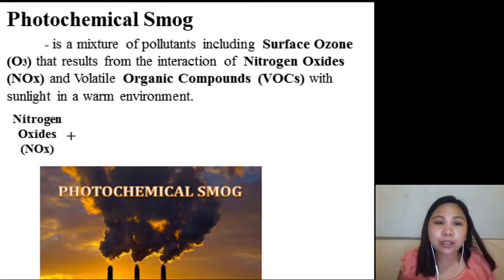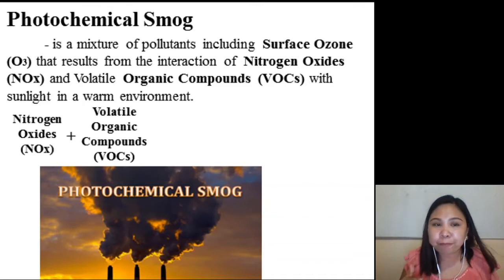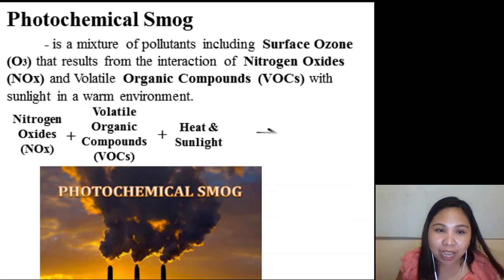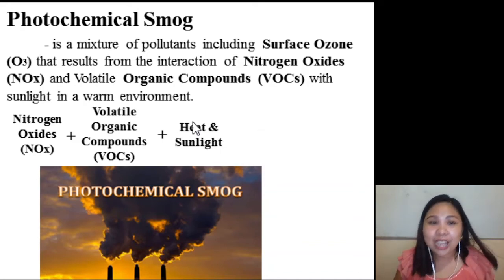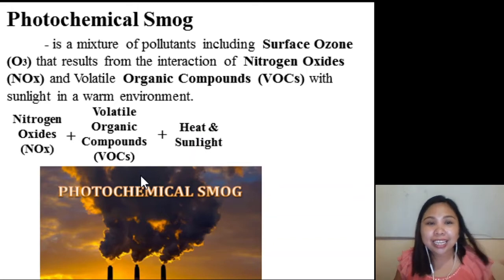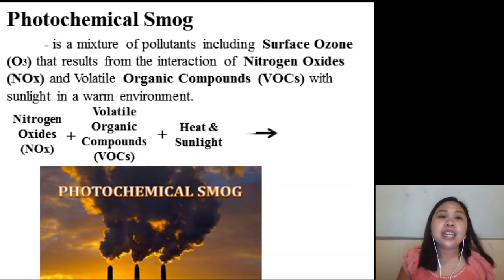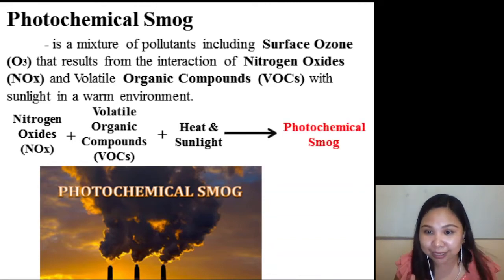So, etong mga nitrogen oxides class, kapag yan ay nag-interact with VOC, plus, pag nag-interact pa siya with heat and sunlight, kapag nag-interact siya sa init na galing sa sunlight, that is the time nakaka-produce ng photochemical smog.